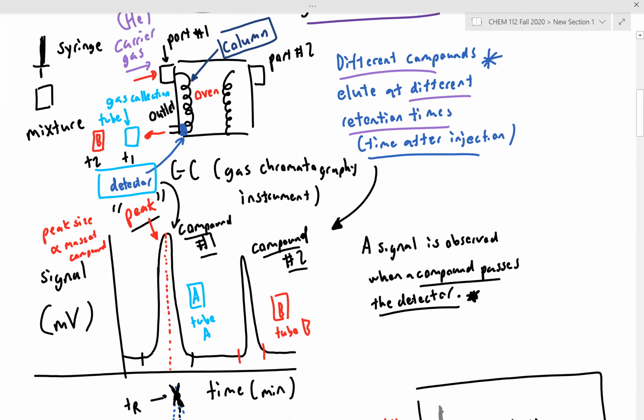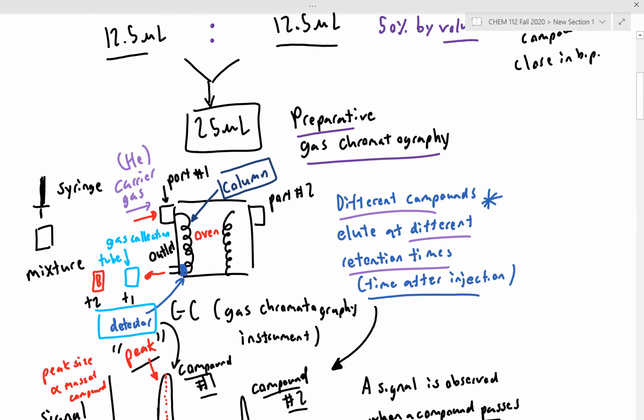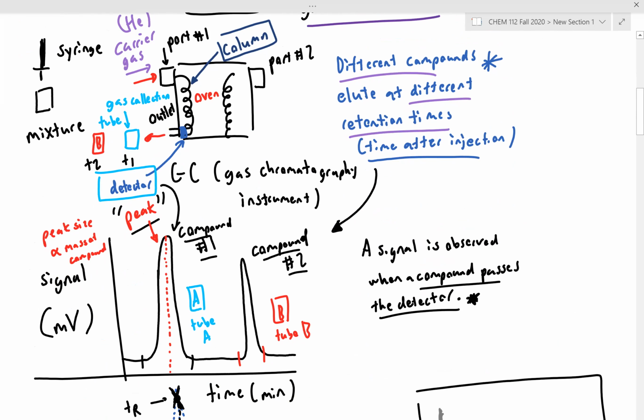So again, we're going to inject our mixtures into our gas chromatography column. We are going to observe each compound as it passes our detector, and we're going to calculate the retention time, peak height, and peak area.